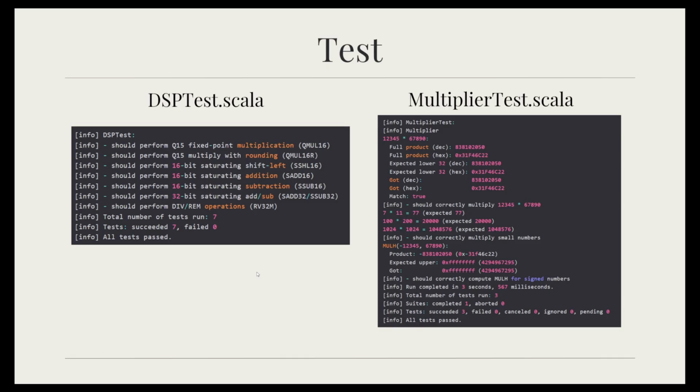On this slide, I show the unit tests I used to verify the new hardware features. On the left, I used a DSP test suite to validate that the fixed-point and saturation operations behave correctly. It covers Q15 multiplication with rounding, saturating shift, and both 16-bit and 32-bit saturating add and subtract.